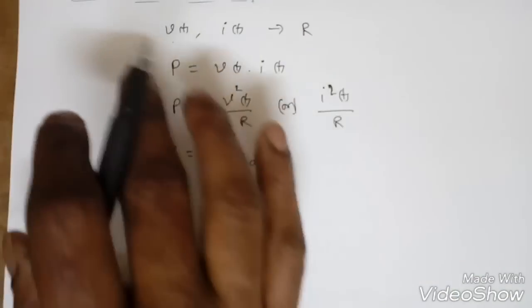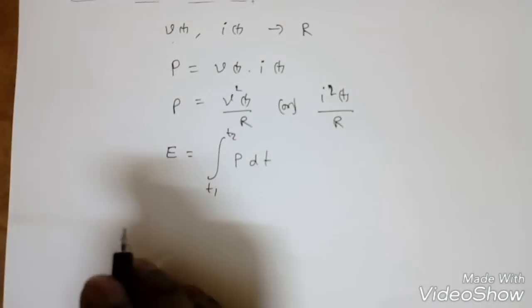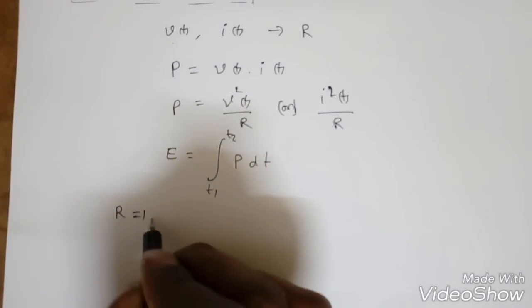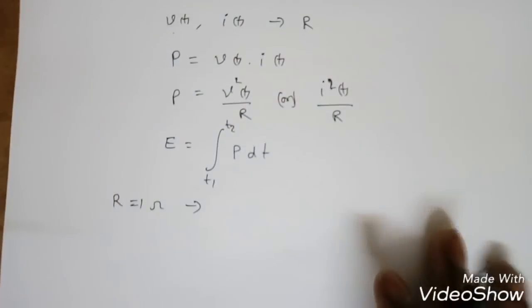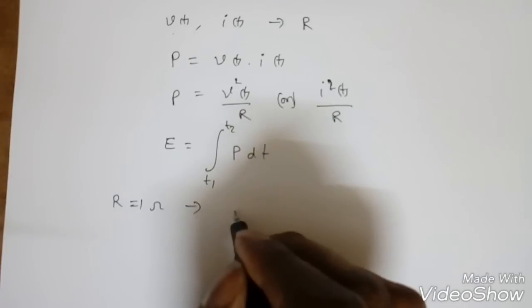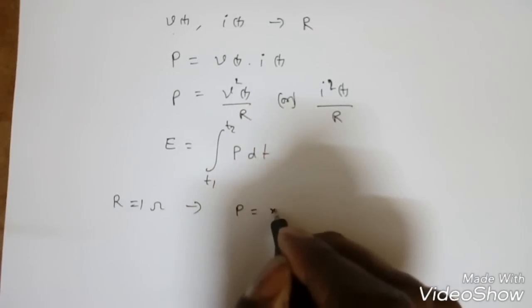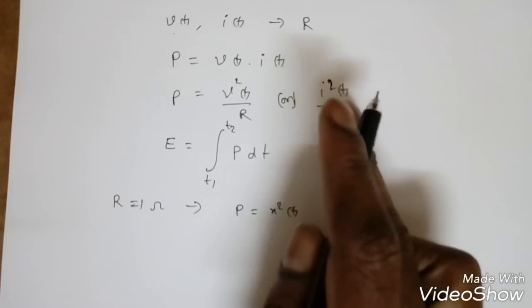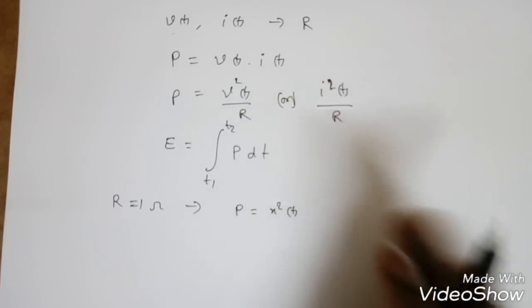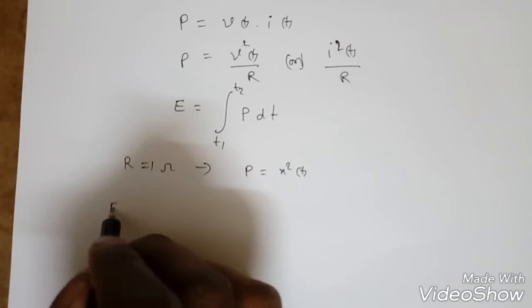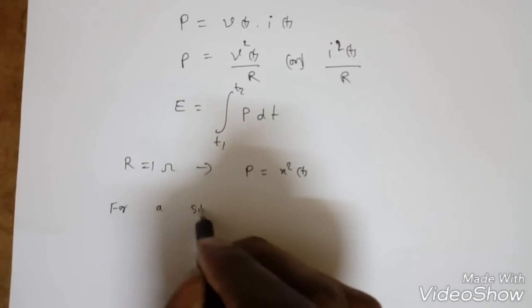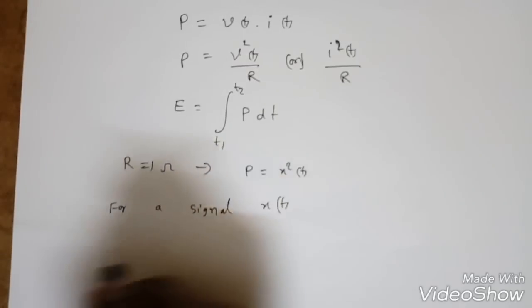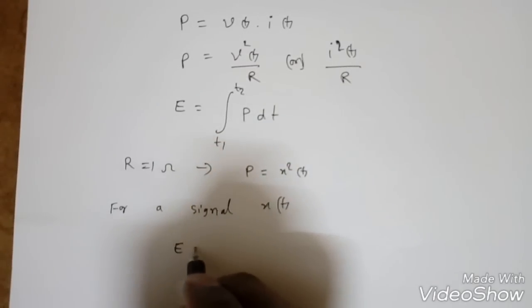Now if I apply this concept to a general signal, the generalized version, with R equal to 1 ohm, the power is simply x square of t, and for I square R also it becomes x square of t, for a signal x of t. First I am writing the energy.